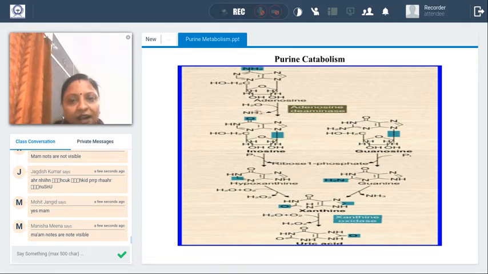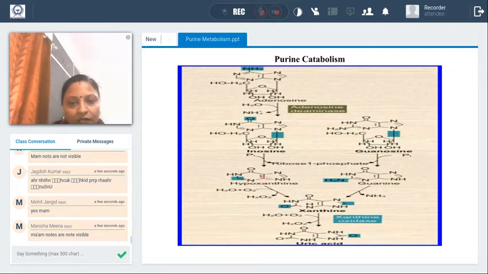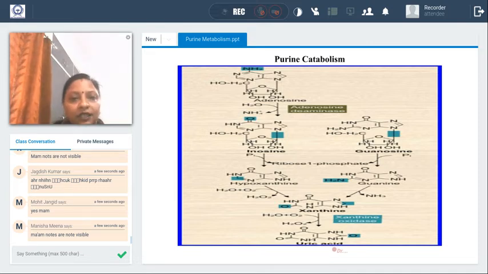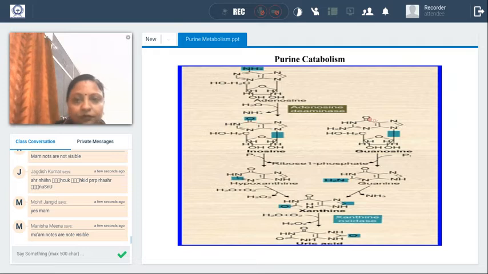You have to learn this: adenosine deaminase, and then removal of ribose 1-phosphate, likewise for guanosine. Inosine is formed, and guanosine creates xanthine, and xanthine, in the presence of xanthine oxidase, gives uric acid. This is the ultimate product of purine catabolism.